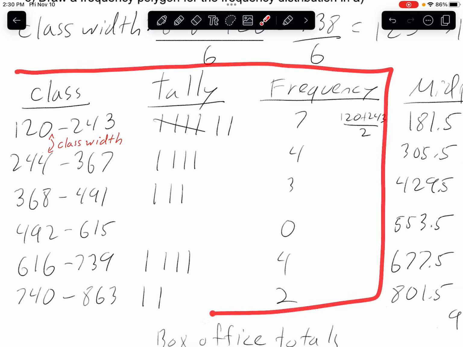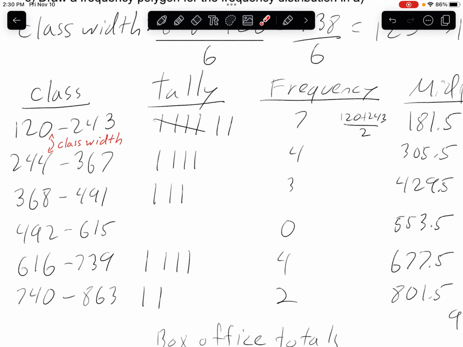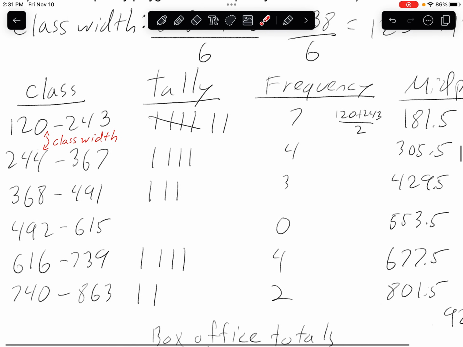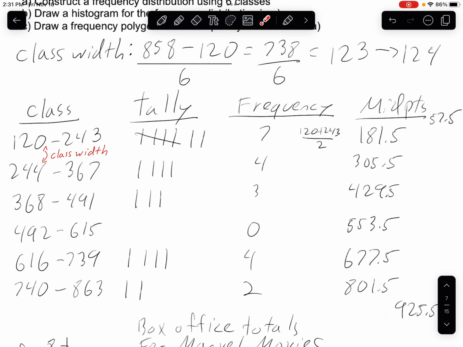But we do want to make sure we have one more column, because what we're going to need to do here is calculate the midpoint for each class. The midpoint for each class is going to be these two numbers added together, which I wrote over here. 120 plus 243 divided by 2 equals 181.5. 244 plus 367 divided by 2 is going to get you 305.5.